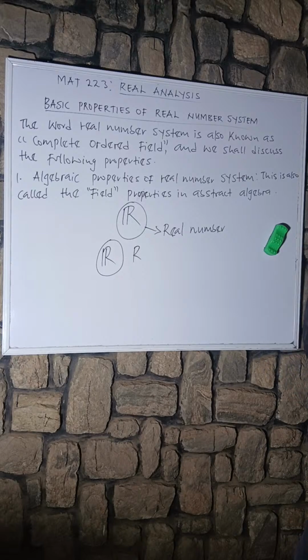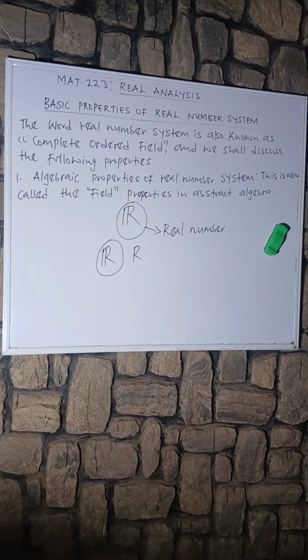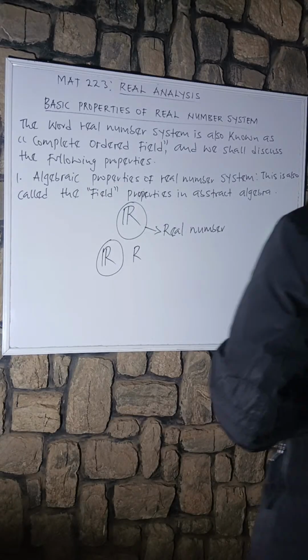So let's move further to consider the operations, the binary operations. For example, we can consider addition and multiplication. Is that clear? So let's move further to consider some few examples.